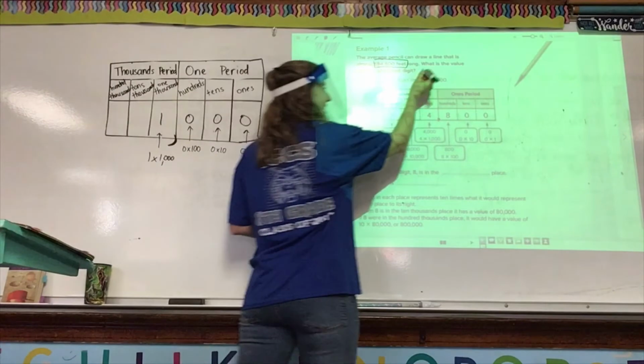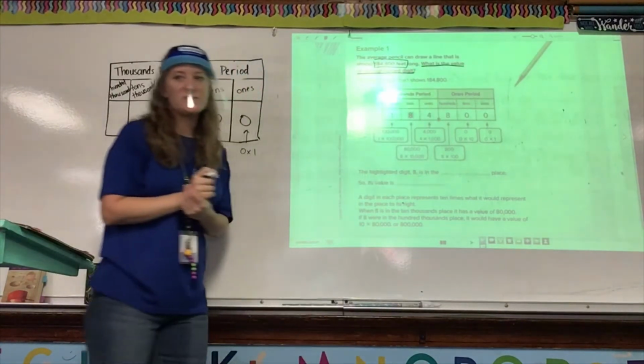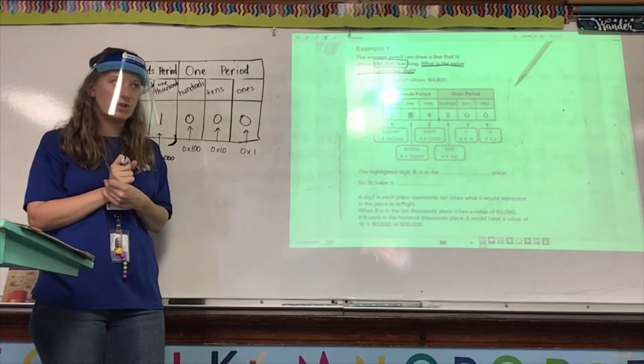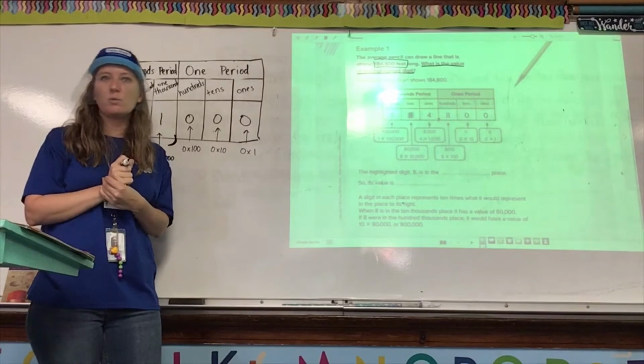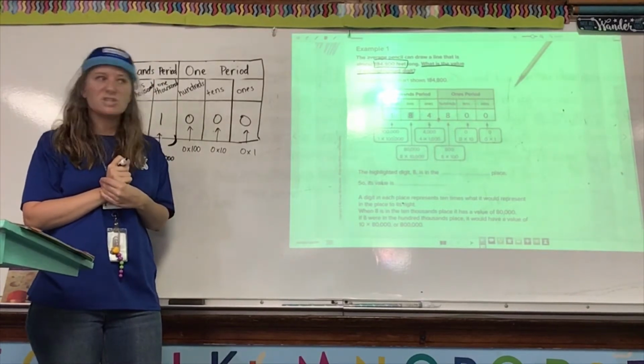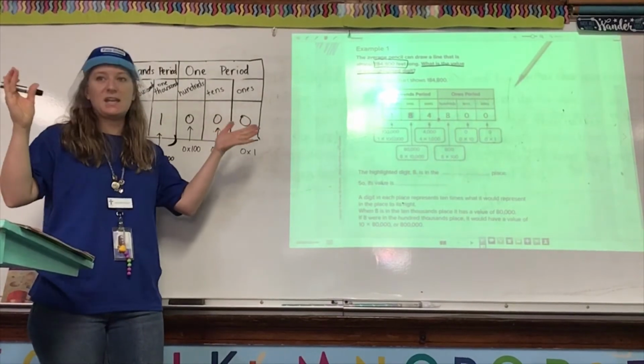My question is, what is the value of the highlighted digit? In this case, I don't really have any words that I need to circle. Circling words is more for when we're doing operations like addition, subtraction, multiplication, division, because you need to circle the word that tells you which operation you're doing. We're not doing any operation.